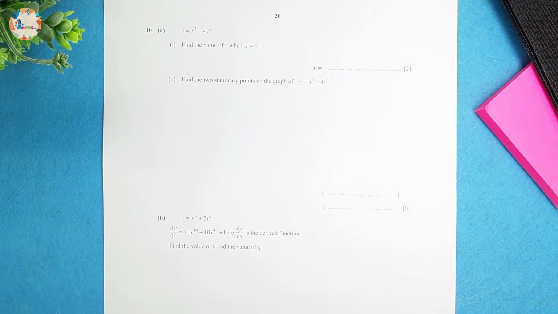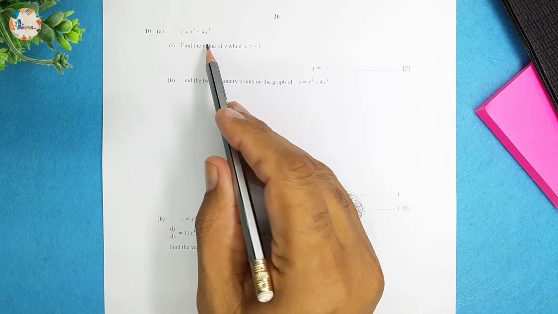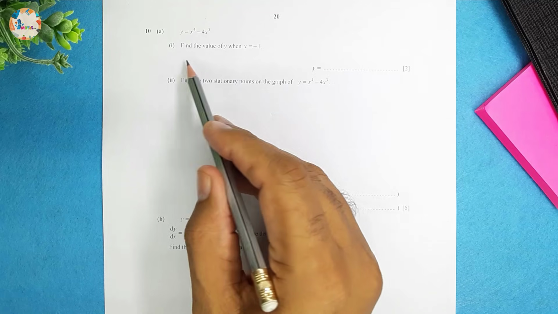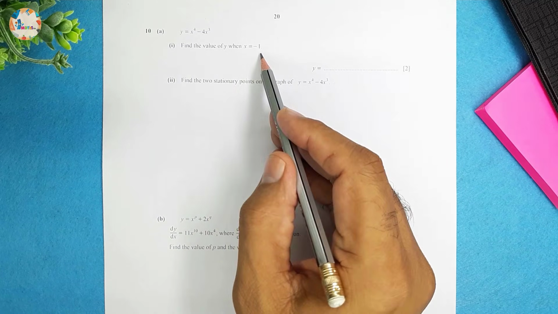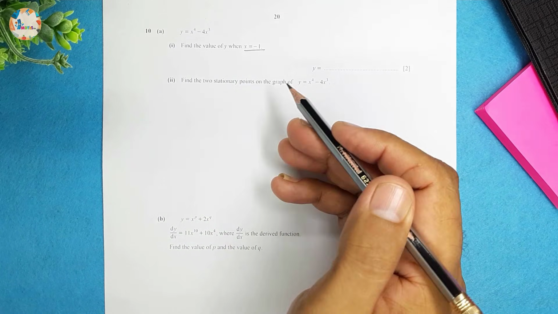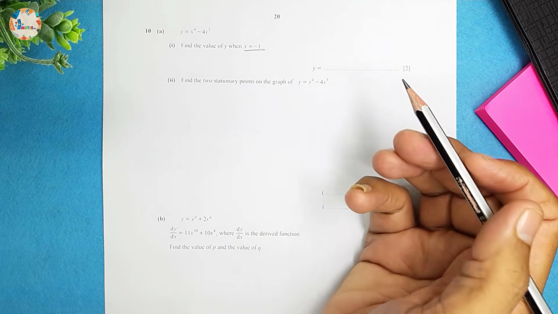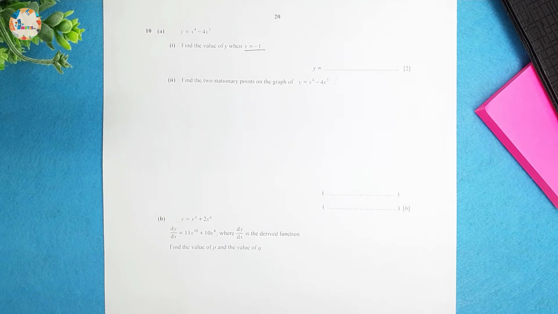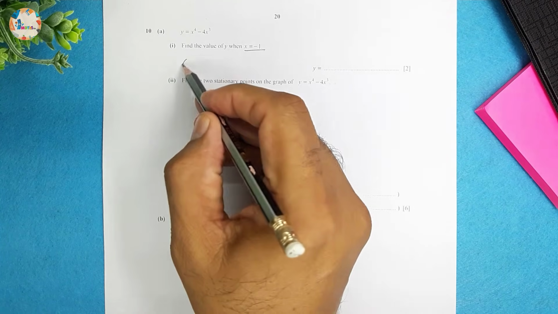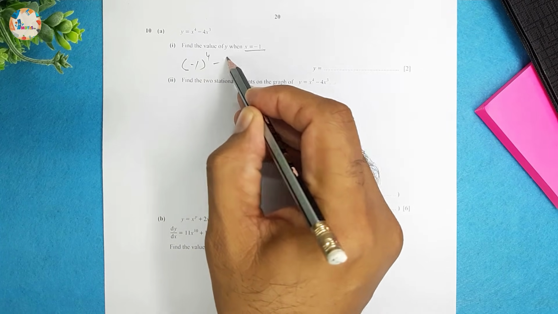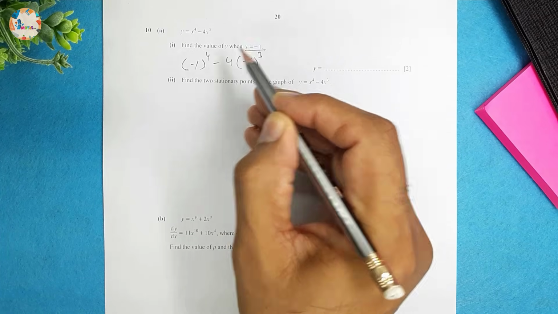Now this is question number 10, the last question of this paper. y is equal to x raised to 4 minus 4x cube. Find the value of y when x is equal to minus 1. We just have to replace the value: minus 1 raised to 4 minus 4 into minus 1 raised to 3.